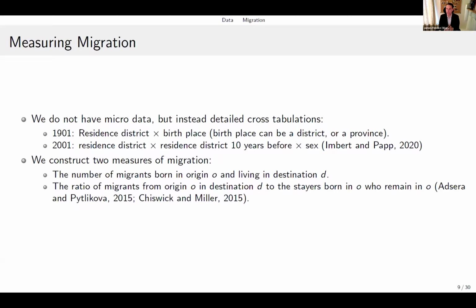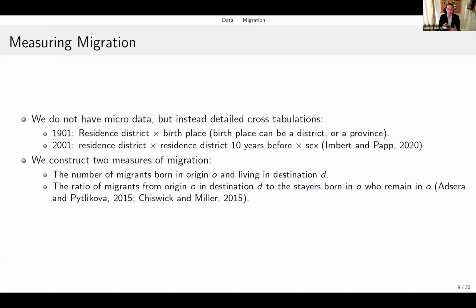But Clément-Imbert was able to get from the census office much more detailed data that allows us to have almost the full pairwise migration matrix for all of India for all districts, with the caveat that this isn't going to be by place of birth, it's going to be by where you were living 10 years ago. That's slightly different. We can also use the census data for robustness. It's not our baseline because the census data, at least in the present day, is less complete.